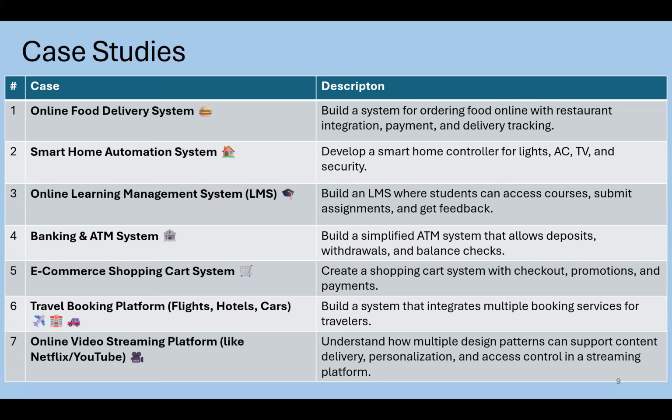And online video streaming platforms such as Netflix and YouTube. We'll be looking at these 7 cases in the coming lecture. The idea is to select the best design pattern for each case. Hope you understand the importance of finding the proper design pattern for a given case. Thank you very much.